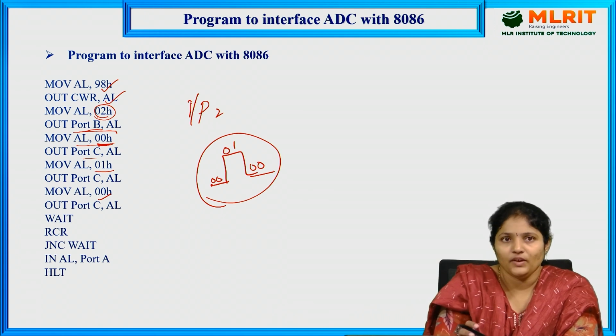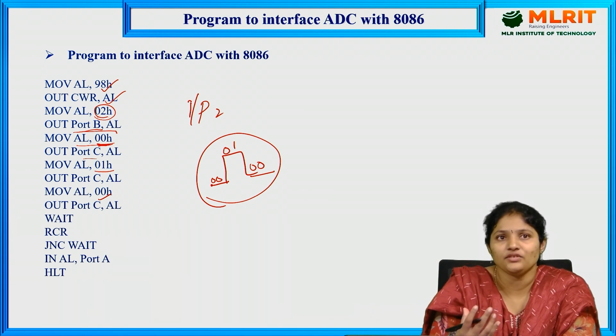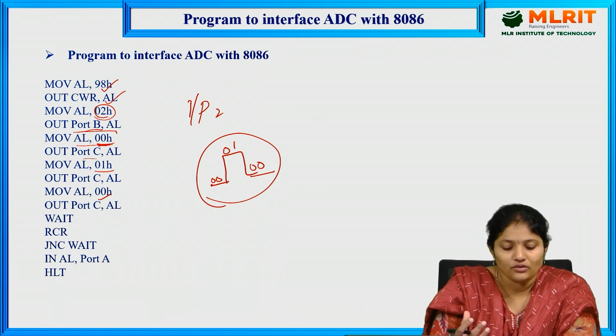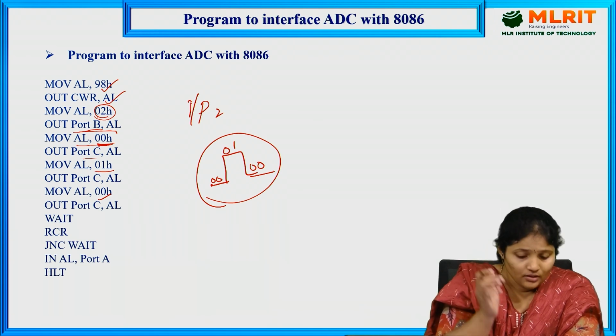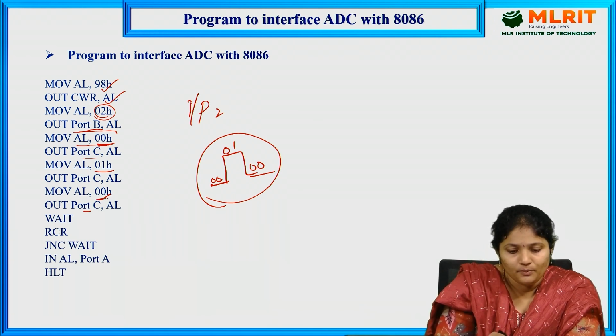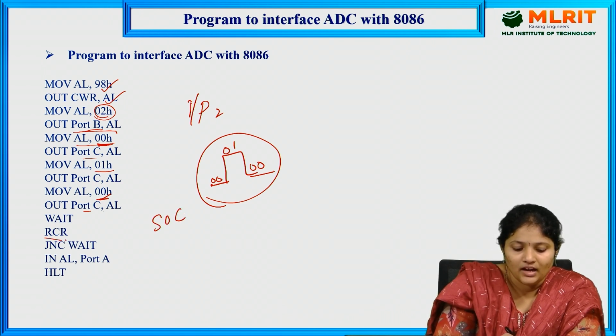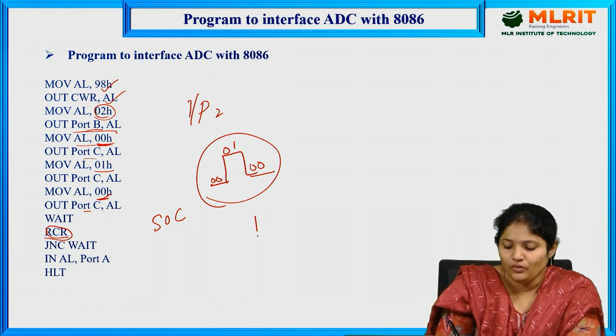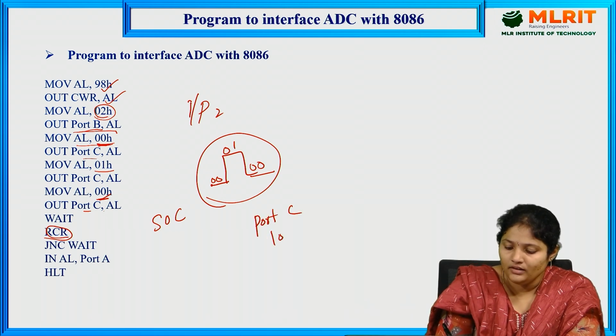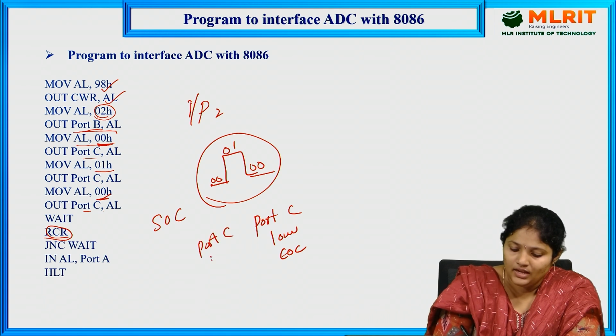Yes, we have given the signal, but we need to start the conversion process. How do we start it? We start with port C. Port C lower is used for EOC and port C upper is used for SOC.